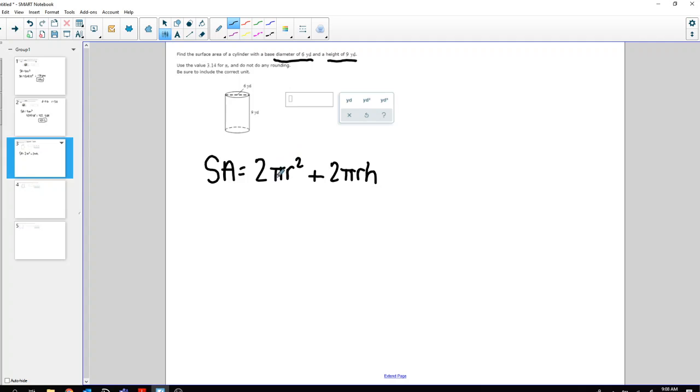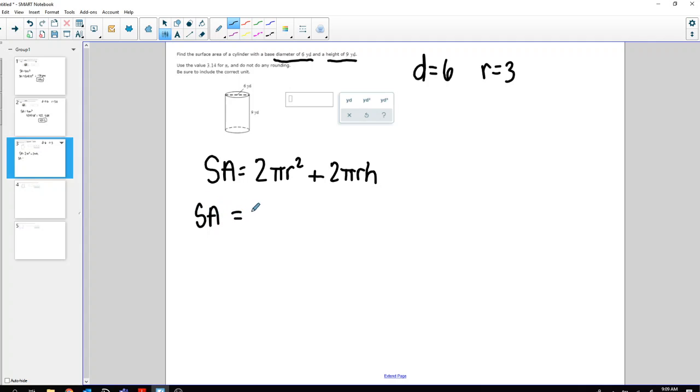So I have the area of the two bases, and then the area of this part around here, the vertical piece. I have a diameter of 6, which means my radius is 3, and that's what I need for my formula.